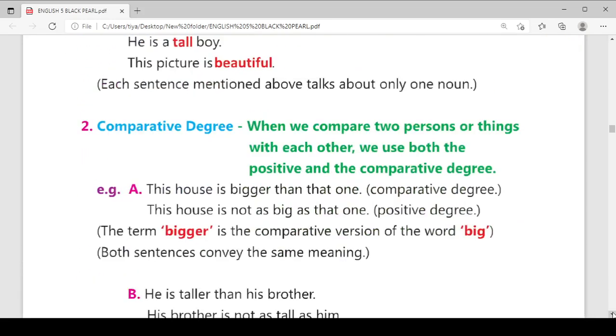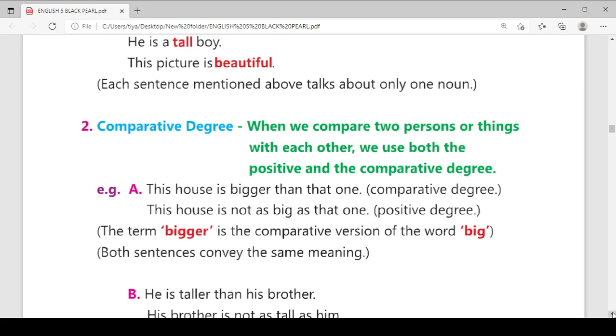Okay, when we compare two persons or things with each other, we can use both positive and comparative degree, like this house is bigger than that one, this house is not as big as that one. So we can compare two things or two persons using the comparative degree or the positive degree.